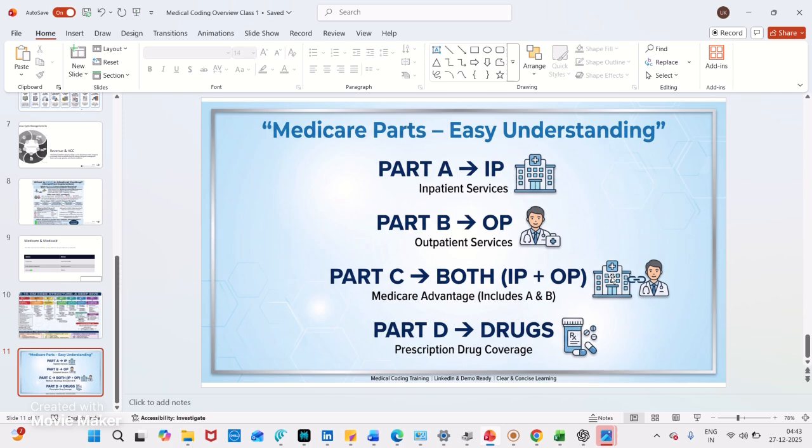Part C covers both IP and OP. The Part C plan is used for inpatient and outpatient settings. This is an advanced plan in Medicare. Medicare Part C is called Medicare Advantage. It combines Part A and Part B, so it covers both inpatient and outpatient services.